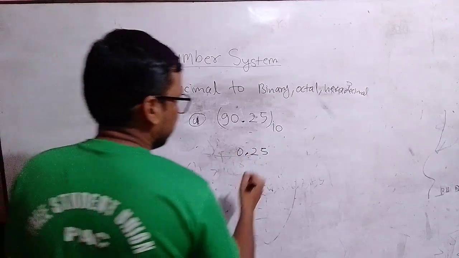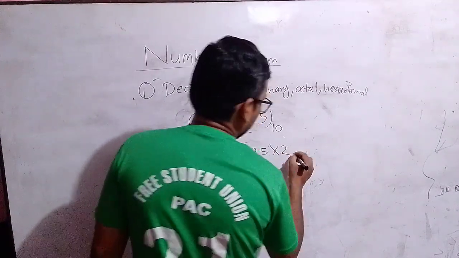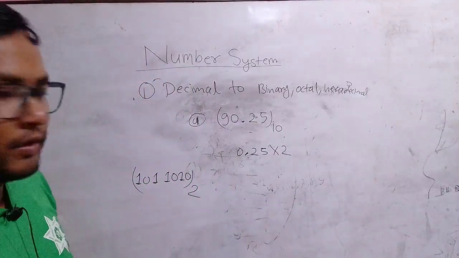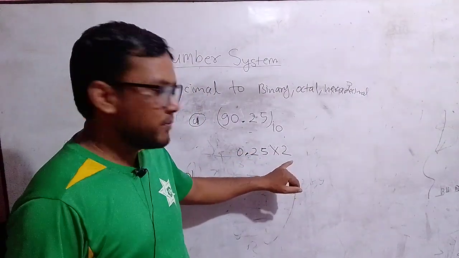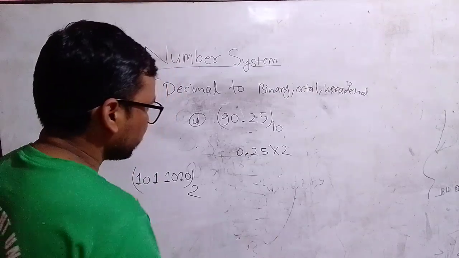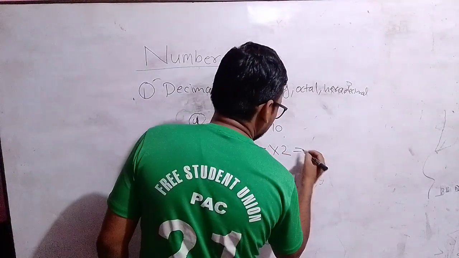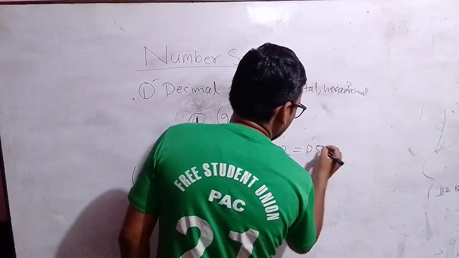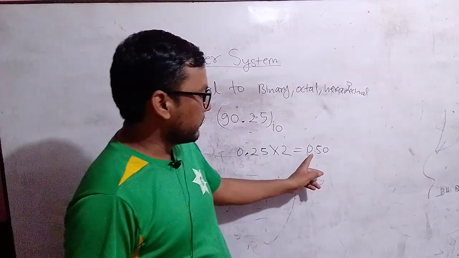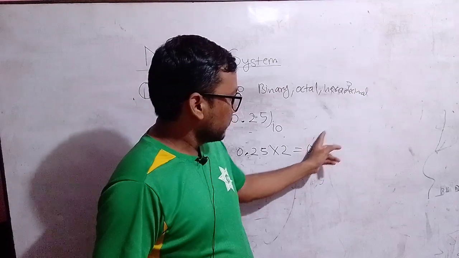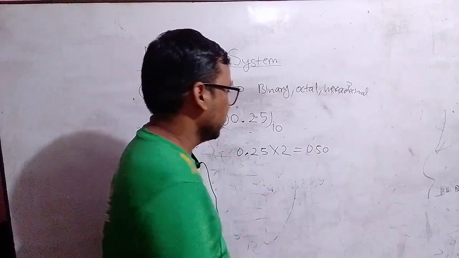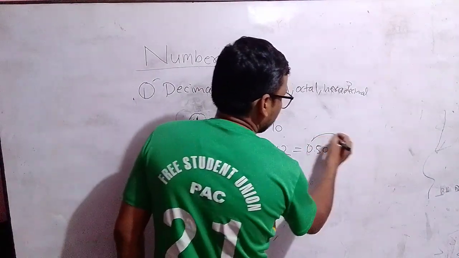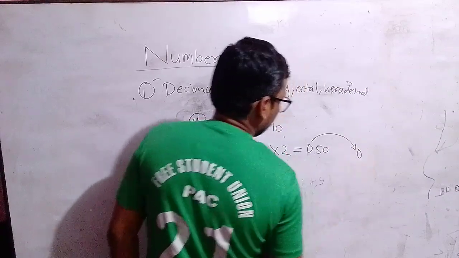To obtain the binary equivalent, we multiply it by 2. What would be its output? 0.50. And we need to separate the integer part. What would be the integer part? The integer part is only 0.